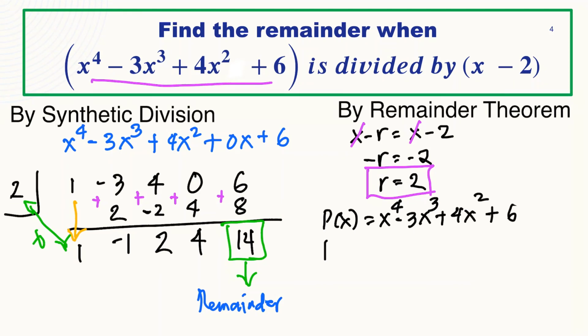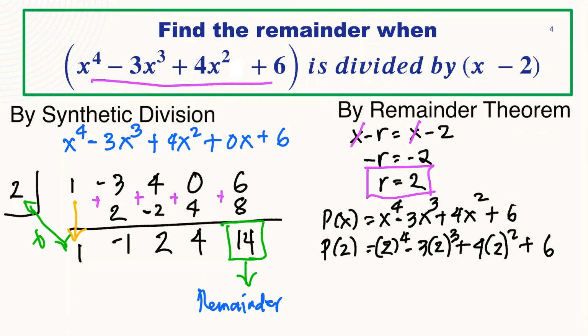If we have p of 2, that will give us 2 raised to 4 minus 3 times 2 raised to 3 plus 4 times 2 raised to 2 plus 6.